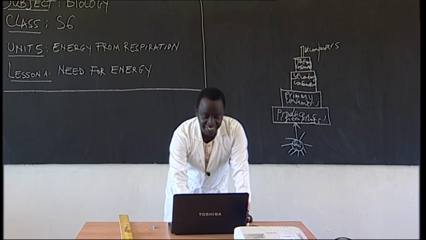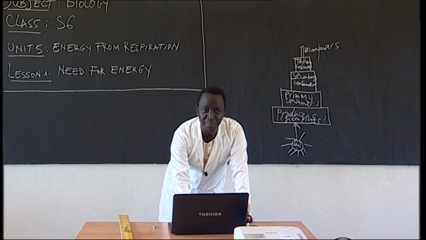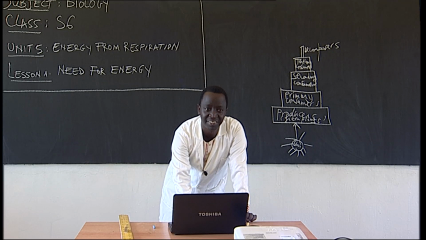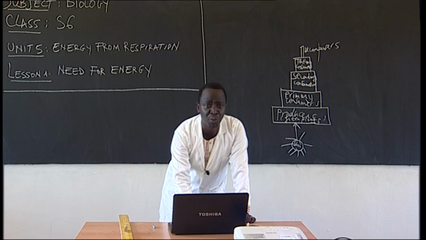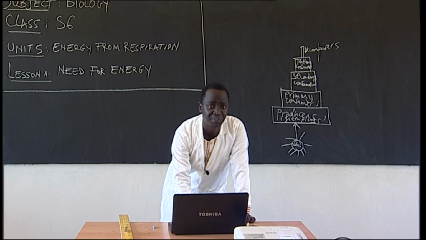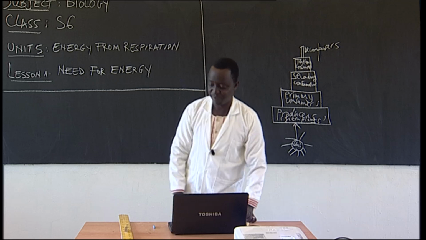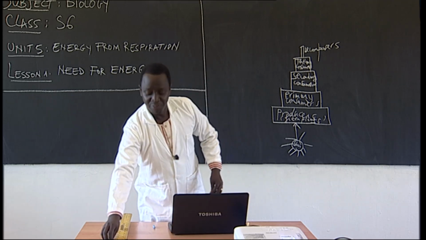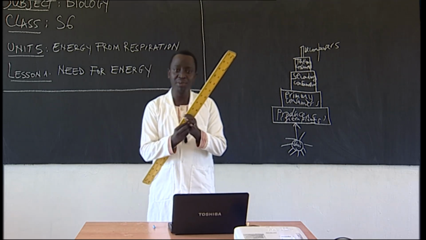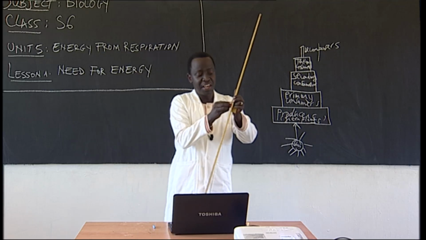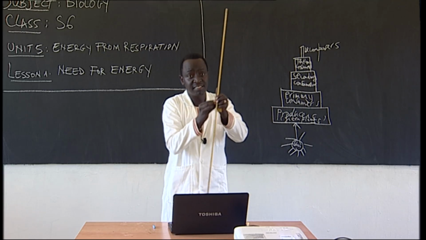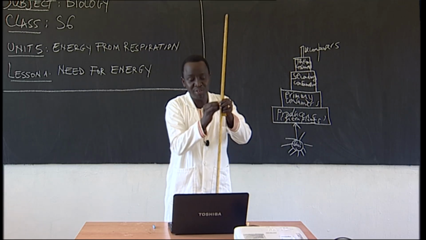Now, here we have what you call thermal energy. It is also called heat energy. It comes from what? From friction. Are you getting the point? Friction. For example, I have this ruler and a chalk. If I try to do like this, there is energy which is going to be produced there.